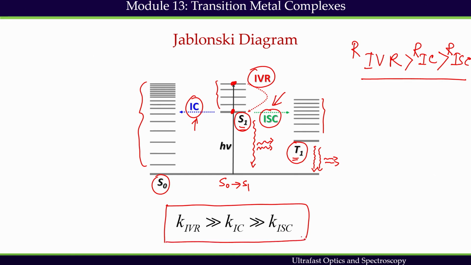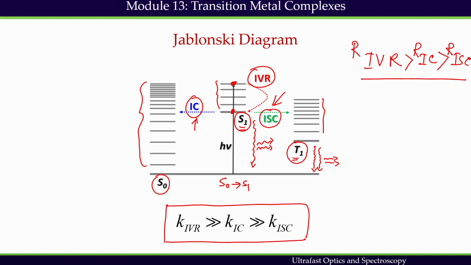This is the anticipated trend. It is largely based on the spin allowed nature of IC versus the spin forbidden ISC process, as well as the expectation that the surface to surface crossing characteristic of both IC and ISC will be slower than single surface processes such as IVR.